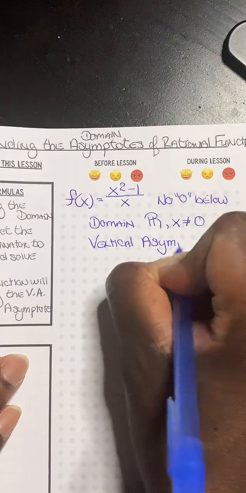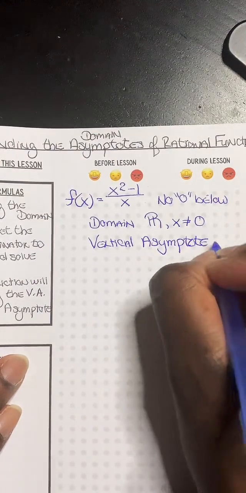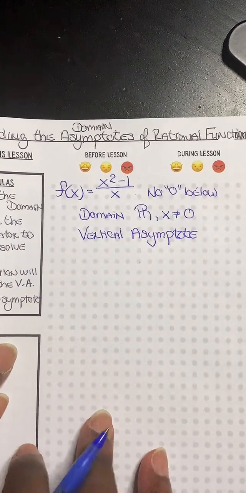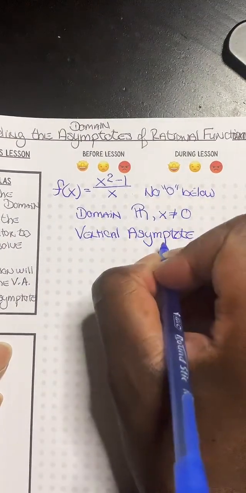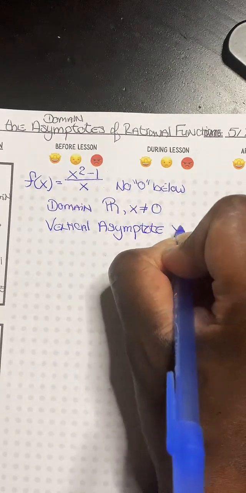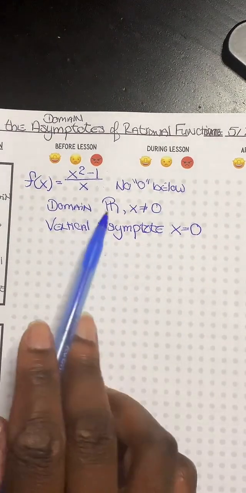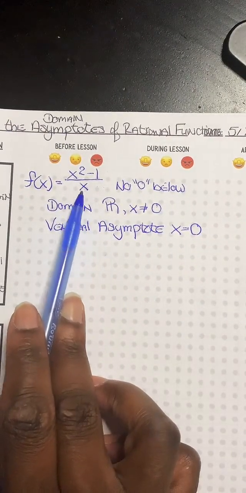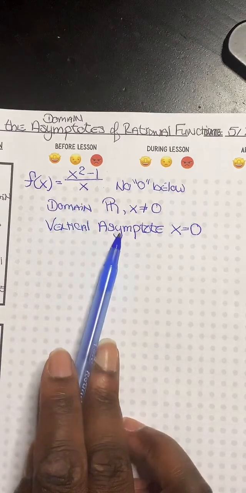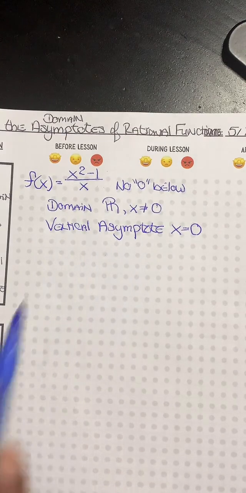So your vertical asymptote is going to be x equals 0.